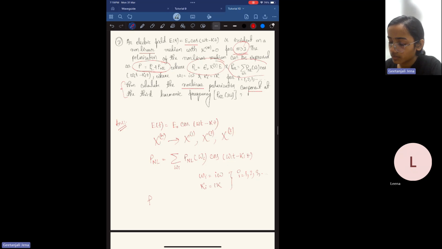So what will be the nonlinear polarization component PNL3 at the third harmonic frequency?